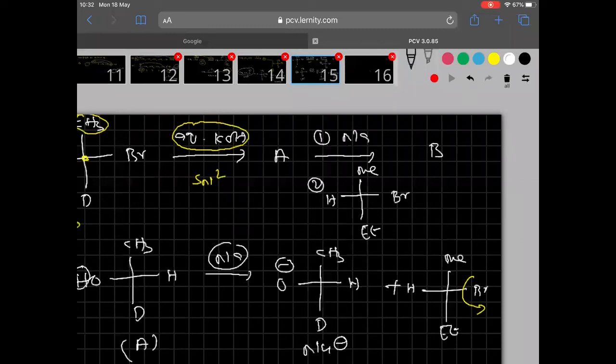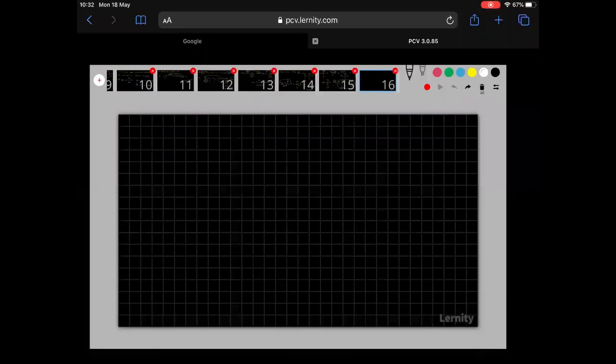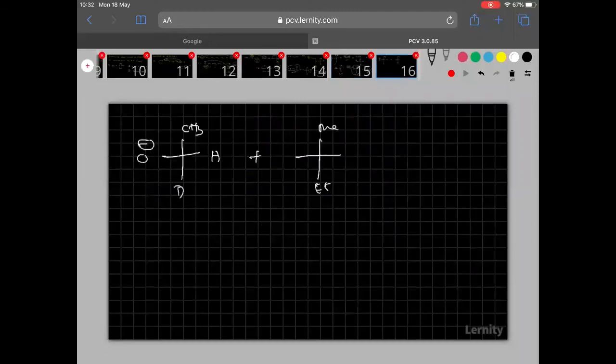Now here O minus, then here CH3, then D and H. So this is reacting with the reactant Me, then Et, then Br and H. Am I right? So what happened here? Br minus will depart out. Nucleophile attacks from the backside. Then what is the answer? May I know? What is the answer here?